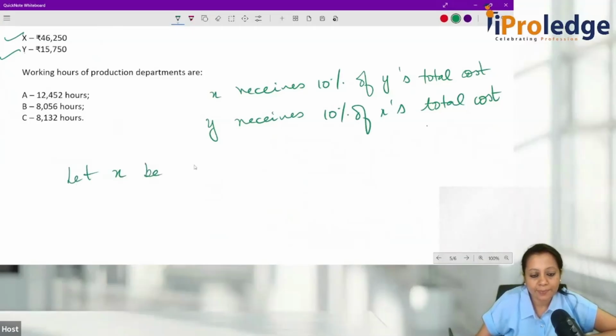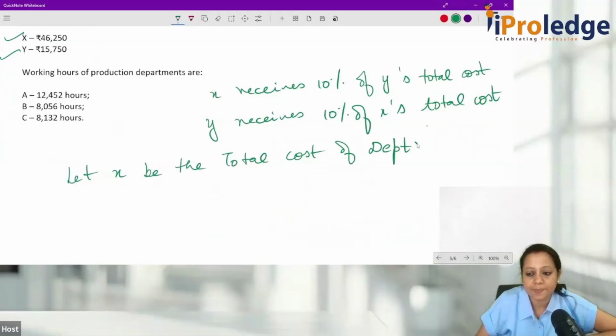Let X be the total cost of department X. Understood, everyone? Yes.